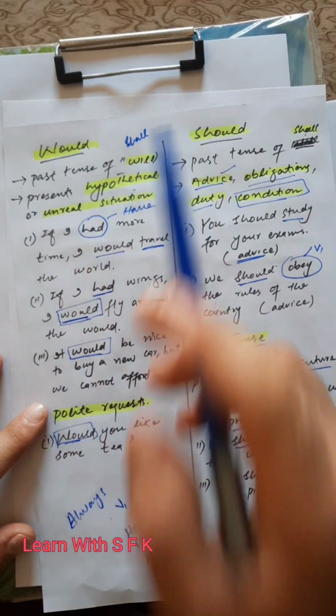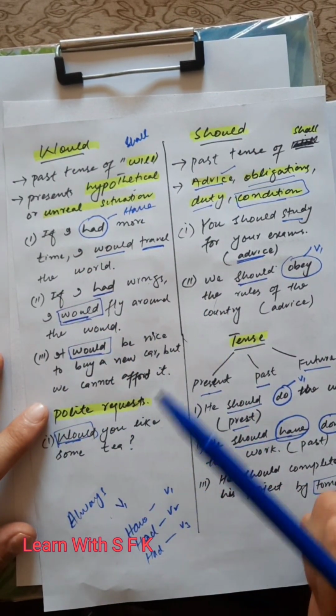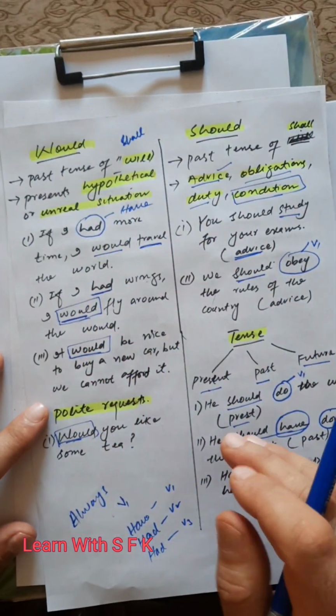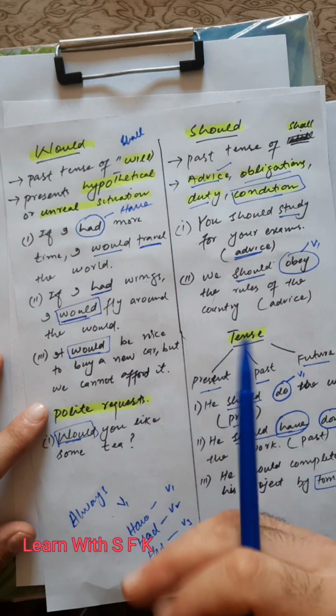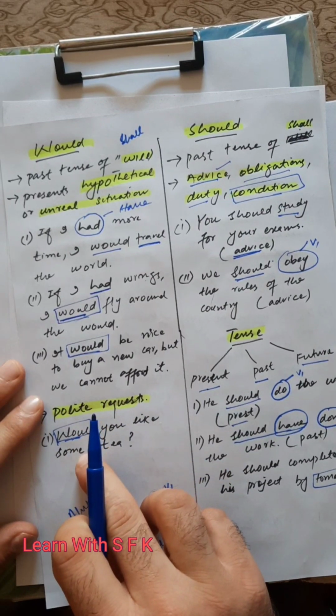Then we saw would and should. Would is the past tense of shall or will, and we use would normally for asking something in hypothetical scenarios or unreal situations. Then we can also use would for polite requests.